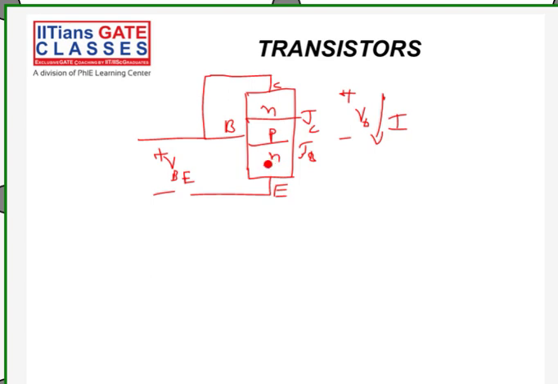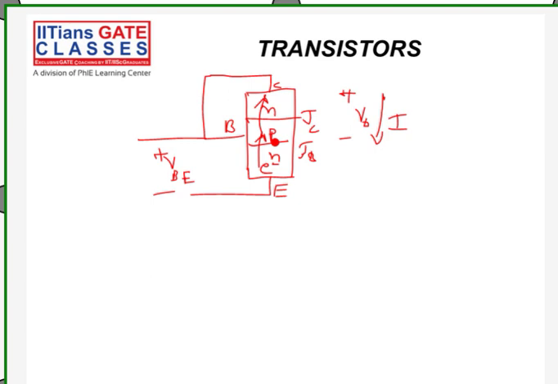So here electrons will be moving from here to here. N to P, negatively charged, is a forward biased emitter junction. It is now diffused into the base region. Due to this forward voltage VBE, which I have already shown, electrons will be injected from the emitter into the base region.